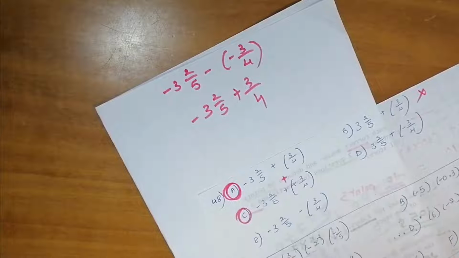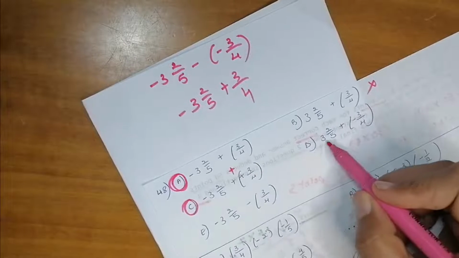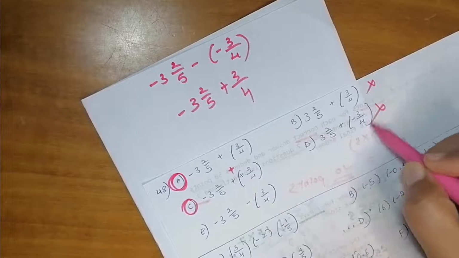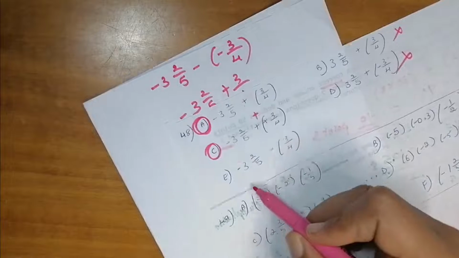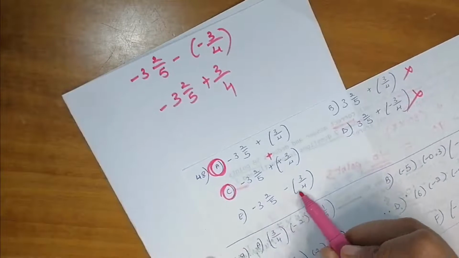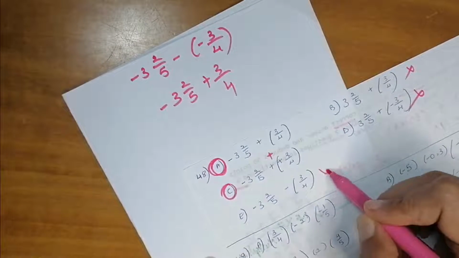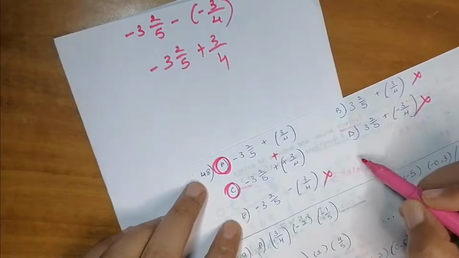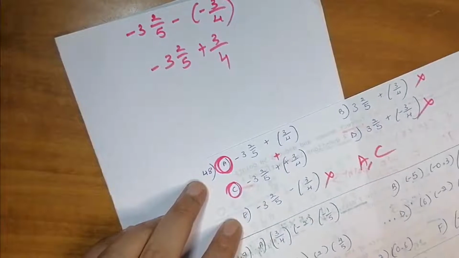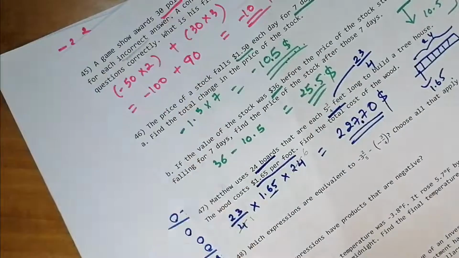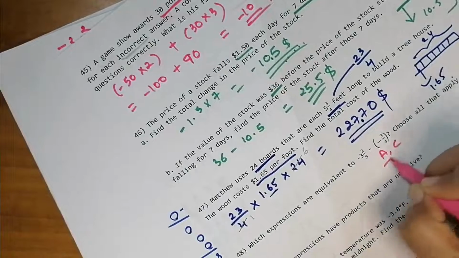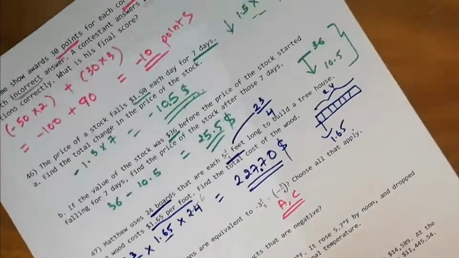So yes, this is also an answer. Here, this is not negative, out. Okay, this is negative here, but then this is also negative, whereas this is positive, so this is out. So it's only A and C. Okay, so the answer for this is only A and C. So we got to circle them, right?